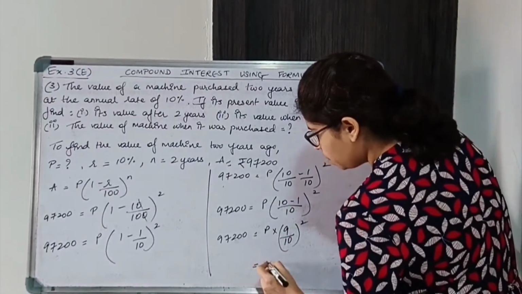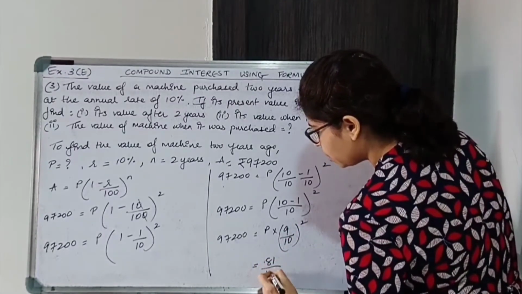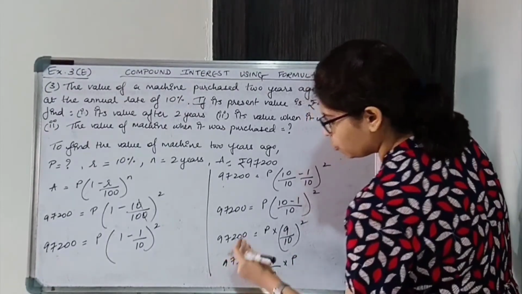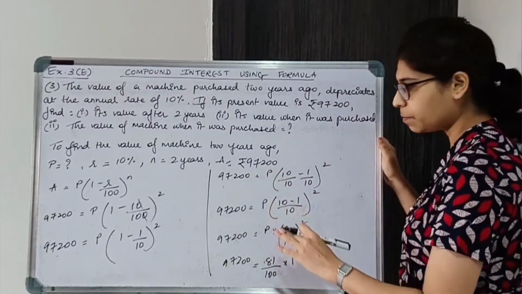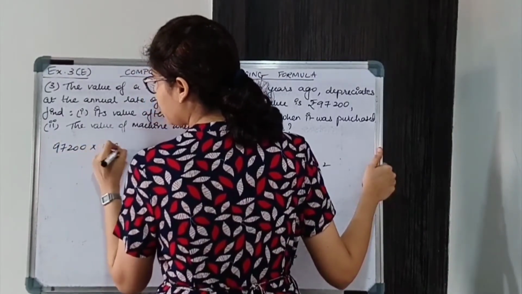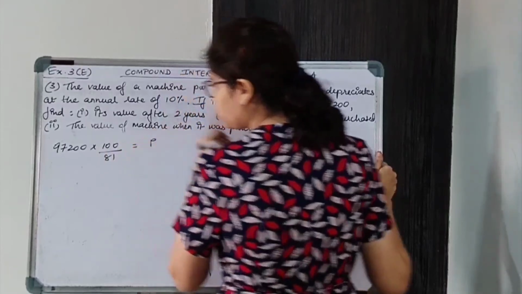So this will become 81 upon 100 into P is equal to 97200. We'll shift this to the other side. So 97200 into 100 upon 81 is equal to P.